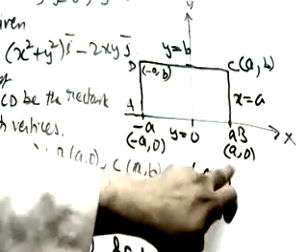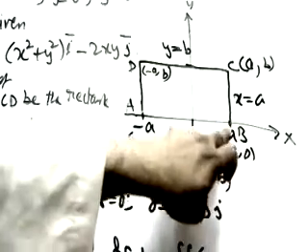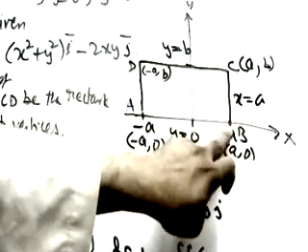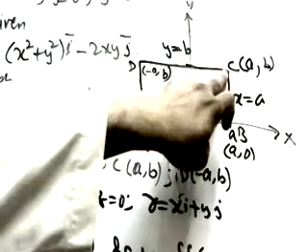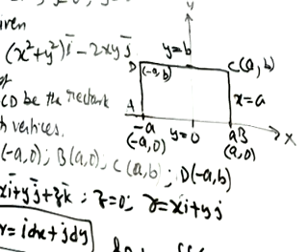From here, y goes from 0 to b, with x constant at a.